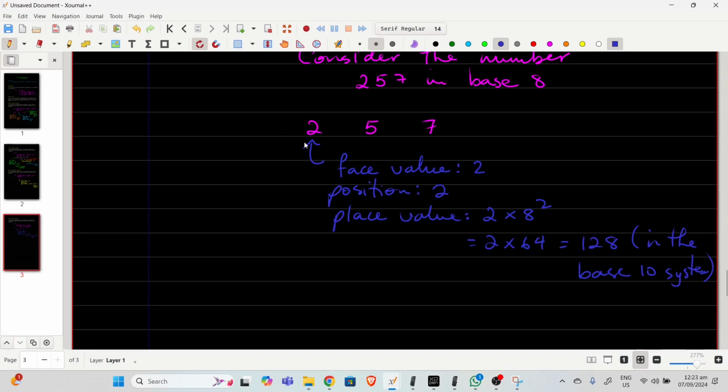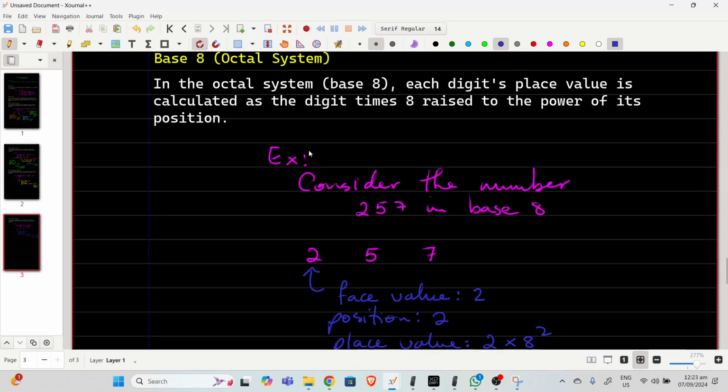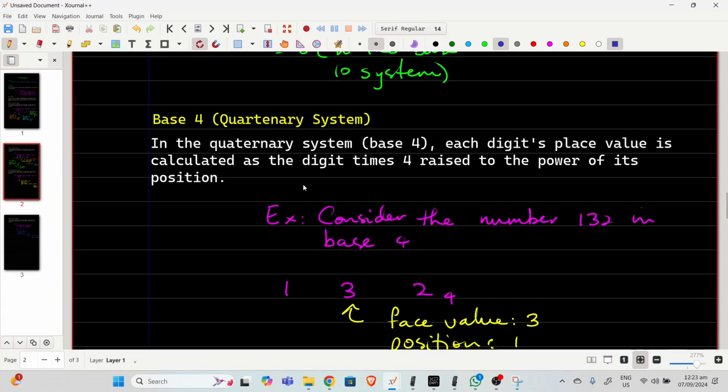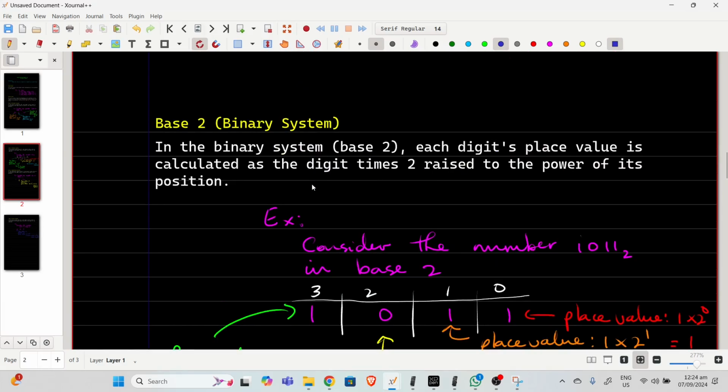Right? Now, one thing to note when you're looking at all these different base number systems, if you're doing base 8, the numbers will never go over 8. If you're doing base 4, the numbers will never go beyond 4. If you're doing base 2, it will never go beyond 2.